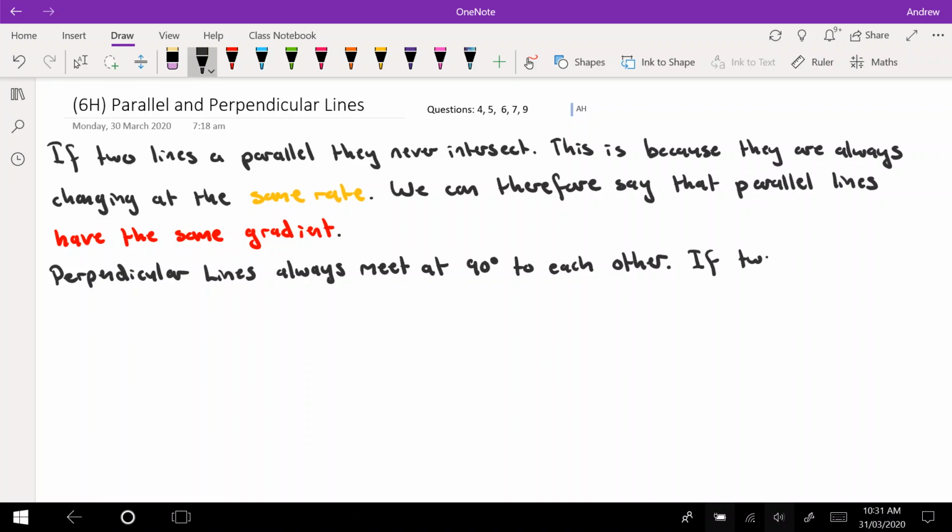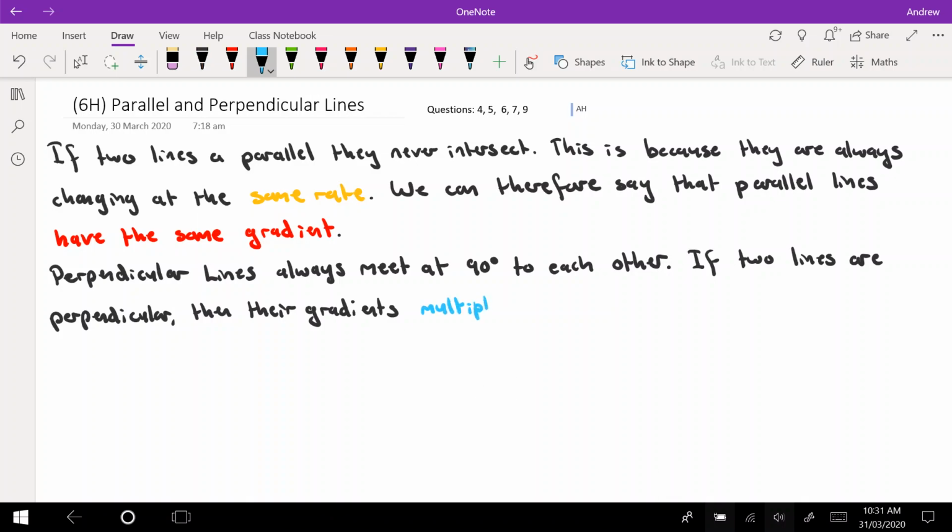If two lines are perpendicular, then their gradients multiply to give -1.